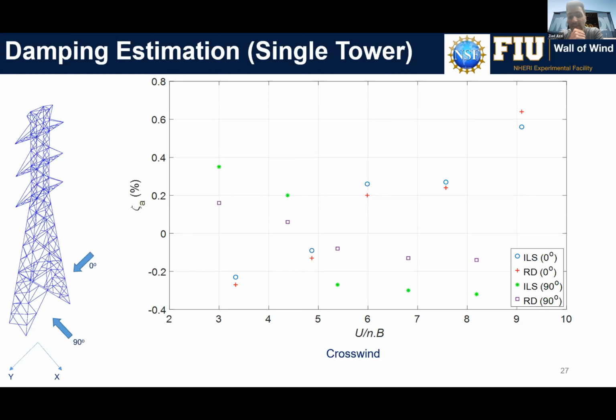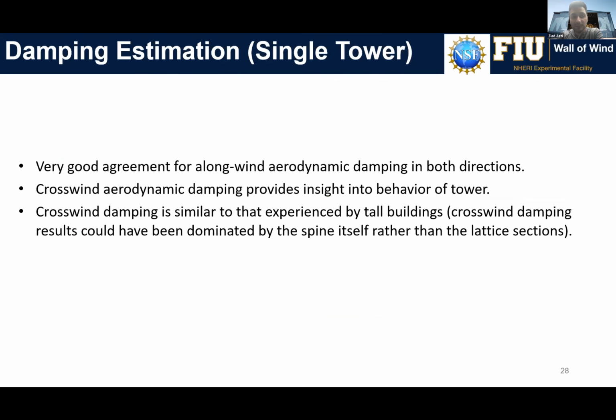As you can see, at 0 degrees the crosswind damping at small wind speeds is negative and then goes up to become positive at higher wind speeds. And at 90 degrees, the crosswind damping starts off positive at low wind speeds and ends up negative at higher wind speeds.